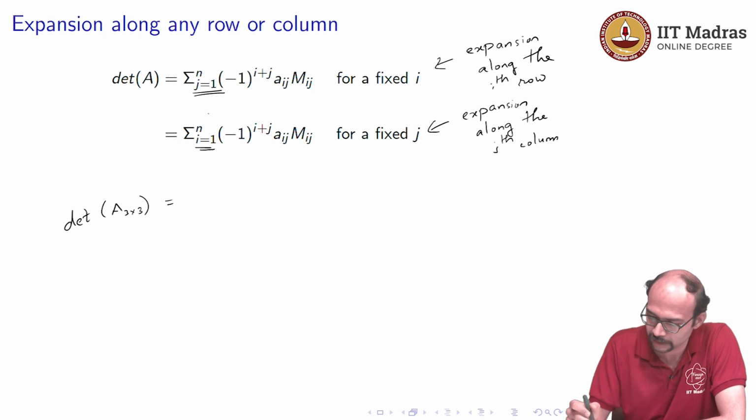So what is this term telling me? This is expansion along the second row. What you have to do is take -1 to the power, now i is 2 and j varies.